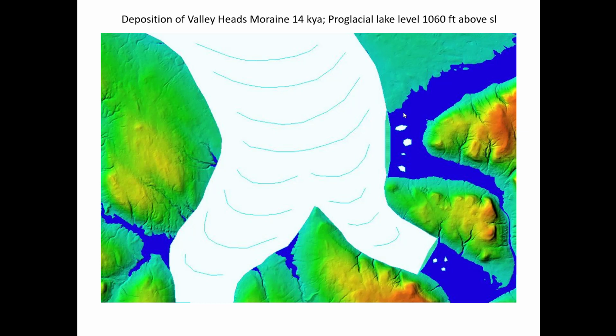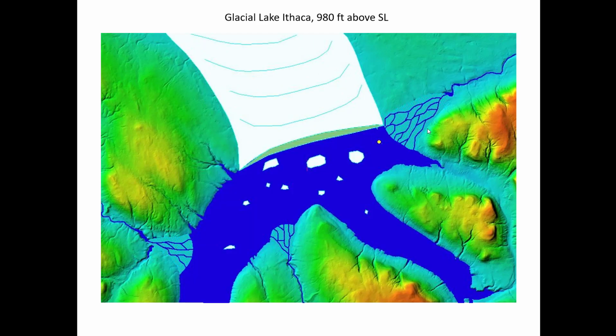Well, we all know that glaciers started melting away significantly about 14,000 years ago. So as that happened, the glacial lake got larger, and these glacial lakes begin to intersect. And they form what geologists call Glacial Lake Ithaca. Glacial Lake Ithaca is about 980 feet above sea level. Now we know Cayuga Lake is going to be here, right? And this is going to be the inlet, but you can start to see some of these streams that are flowing down that look like they're in very familiar locations.